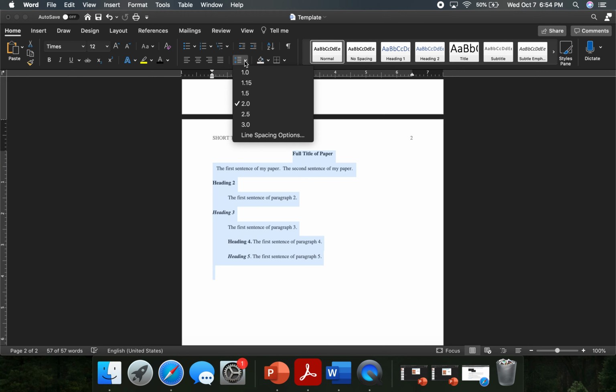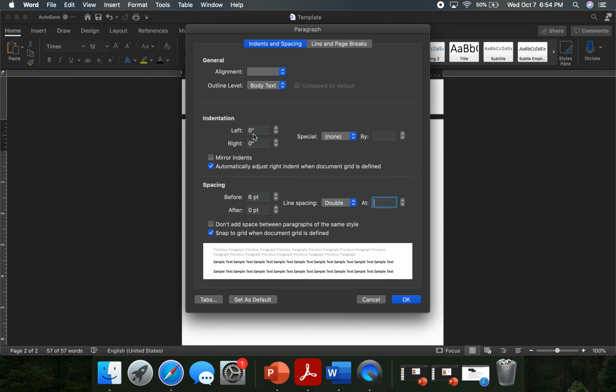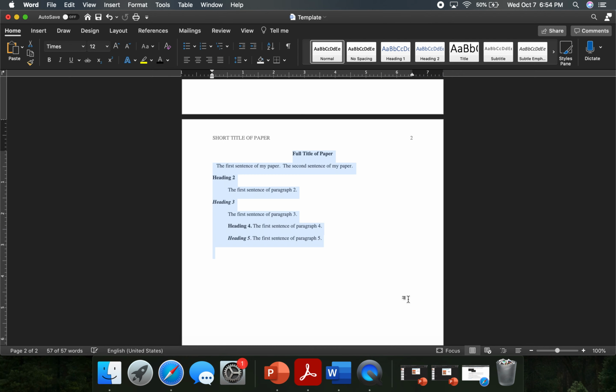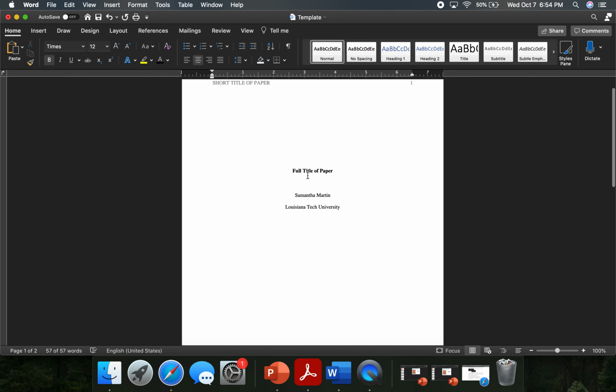You want to go here, line spacing options, and see there's my problem. So for some reason it automatically put it as 6 points between each paragraph, right? So before. So I want to change that to 0, not auto, 0. So you always want to make sure that's 0. And it kind of brought everything a little bit closer together. Now it looks better.